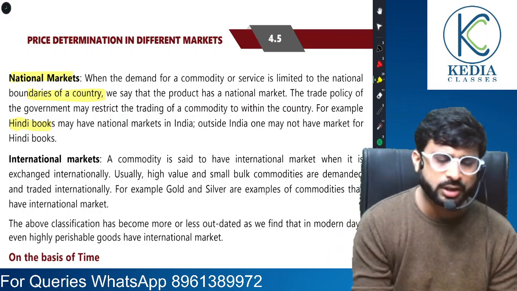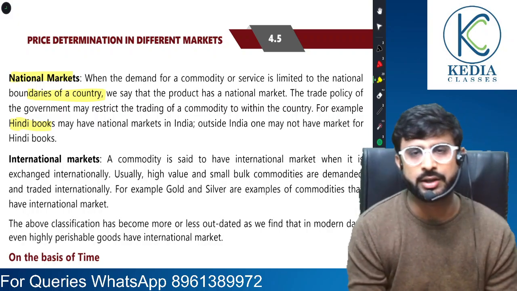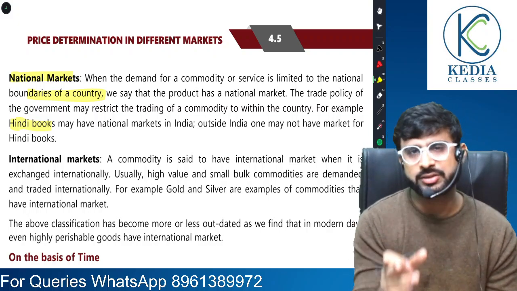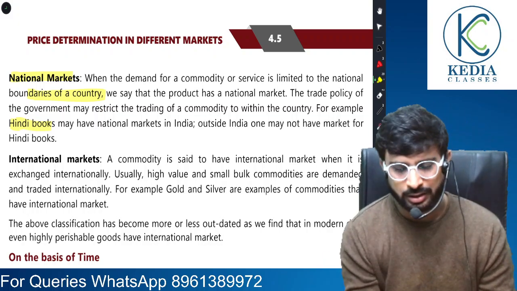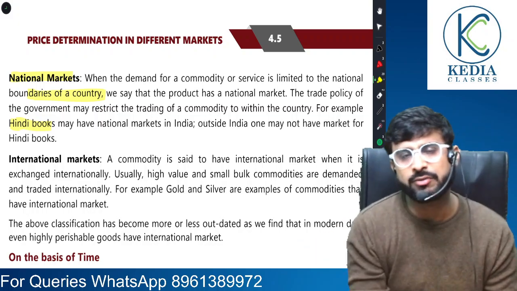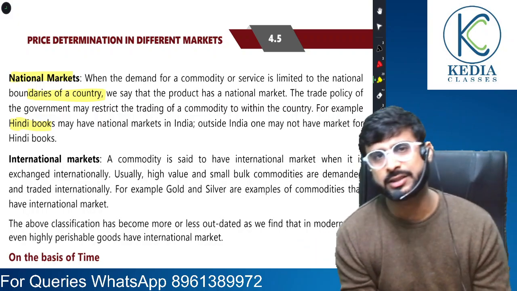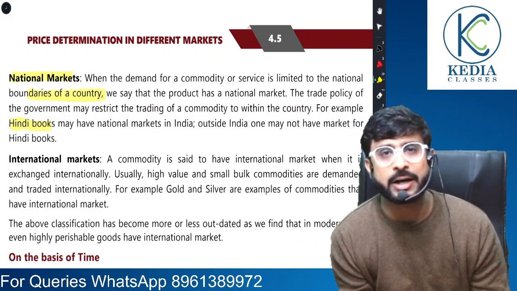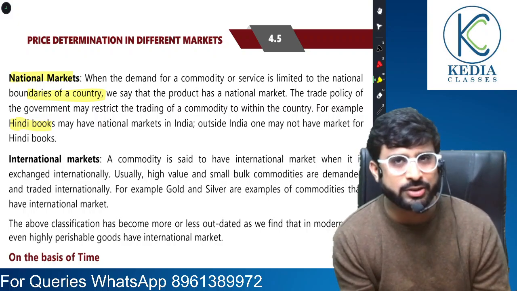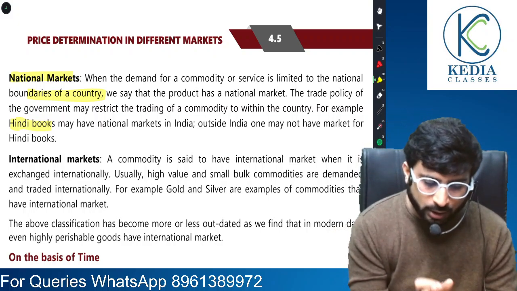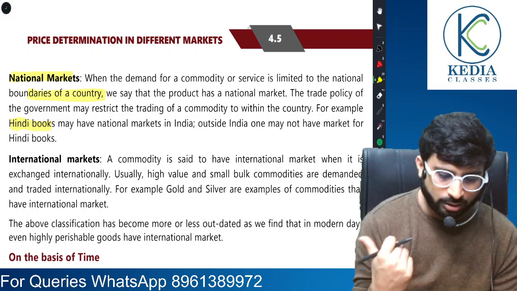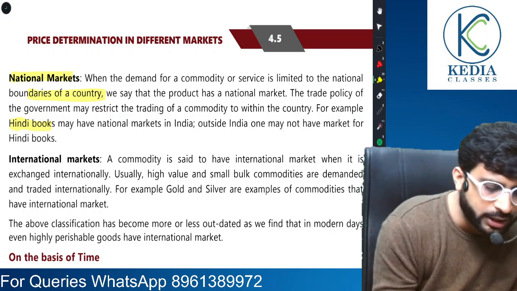So they can just order that. That is a national market, which has mostly relevance within the own country. Within the country's perspective, it becomes relevant. But when market or goods and services are not restricted to a particular country, they spread across. That is international market.